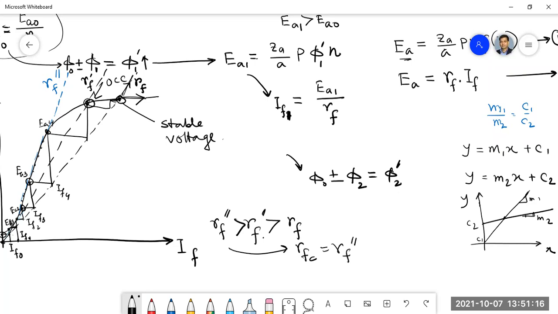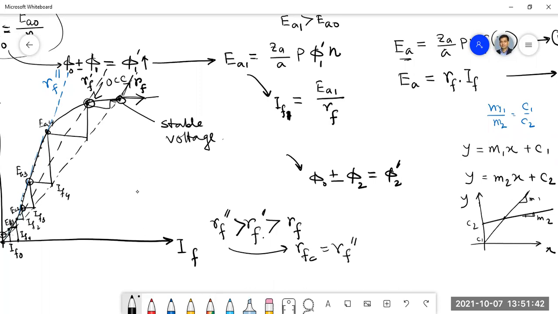The value of the field resistance for which the field resistance line becomes tangent to the open circuit characteristics curve is called the critical field resistance, RFC.